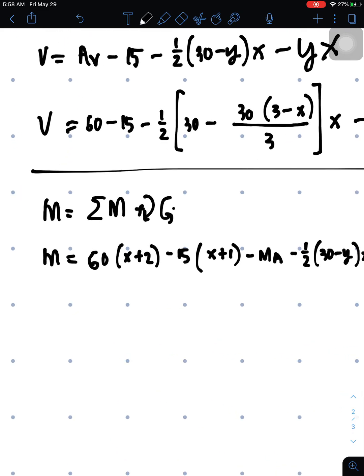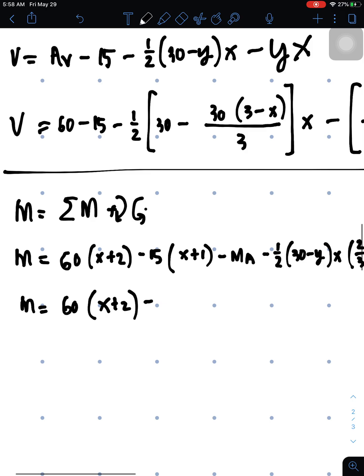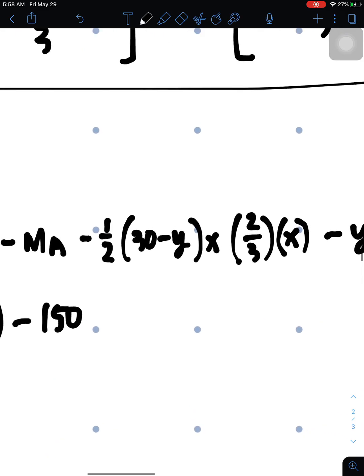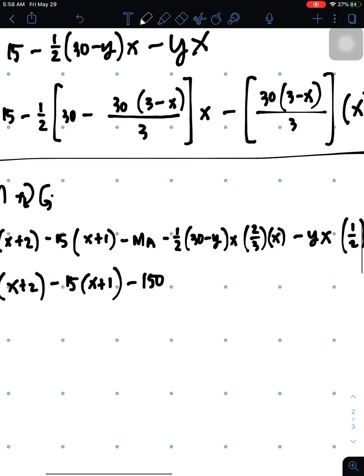Okay, so simplify. All we have to do is just express y in terms of x. So M equal to 60 times x plus 2, and then minus 15 times x plus 1, and then minus MA na 150, and then ibalik ni nato si 1/2.